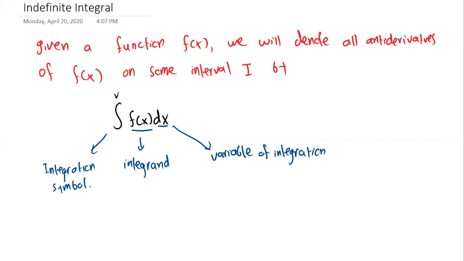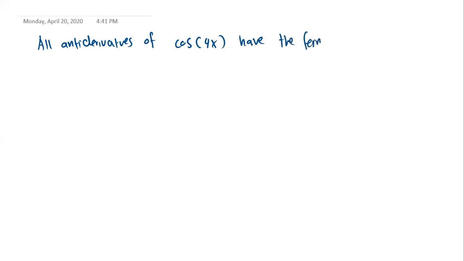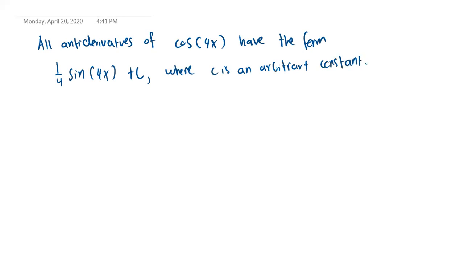So, for example, in the previous video, we saw that all antiderivatives of cosine 4x have the form 1/4 sine 4x plus c, where c is a constant. Now, instead of writing all this, we're going to write the same thing like this.